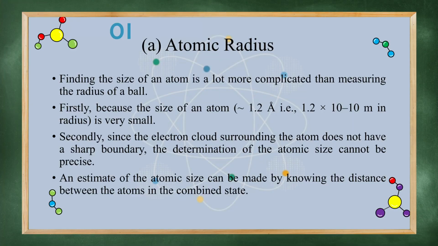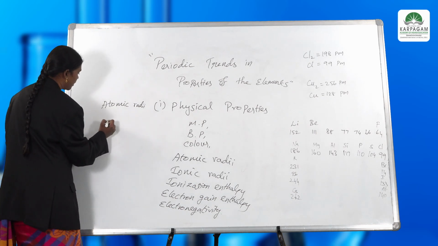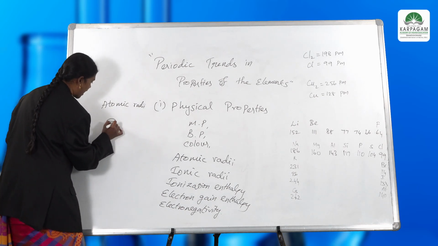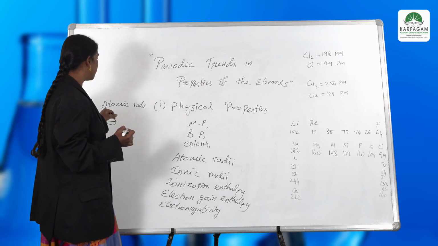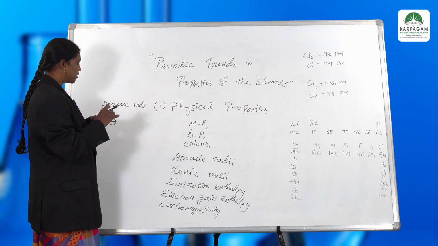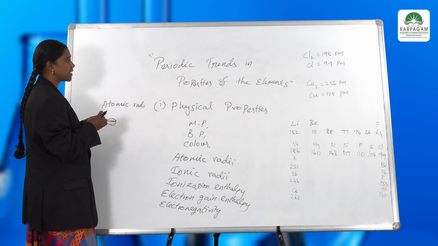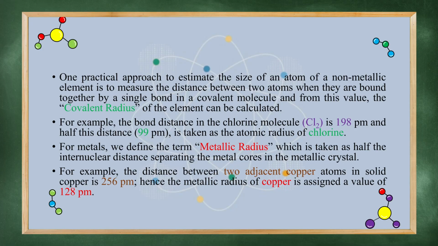First we see atomic radii. Atomic radii means the radii of the atom. This atomic radii cannot be measured practically at first. To record the atomic radii, first they considered covalent radii.